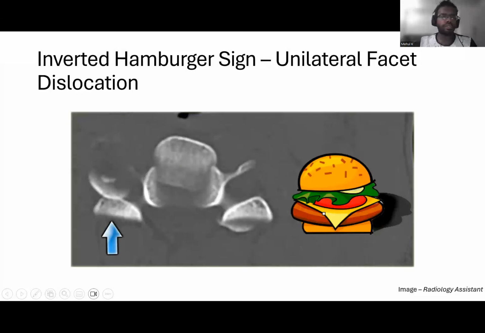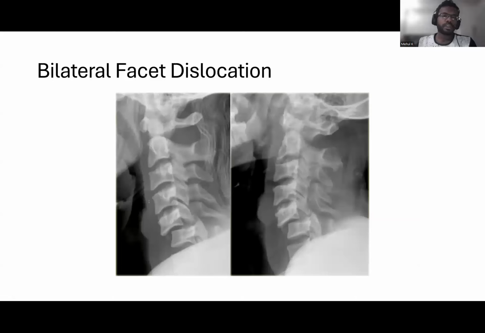This is unilateral facet dislocation, the inverted hamburger sign. Again, something that you look for in CT. Again, very difficult to see this on a sagittal view. If you're only looking at sagittal views on your cervical spine, you'll tend to miss this. So always make sure that you look at multiple views when you're reading cervical spine CTs before clearing them. So yeah, that is unilateral facet dislocation.